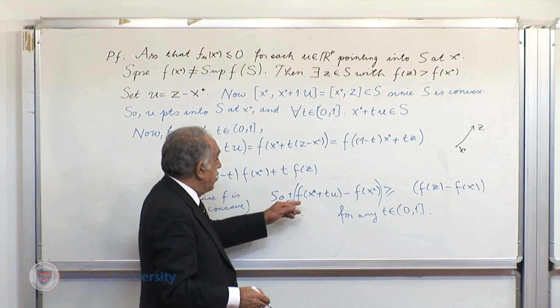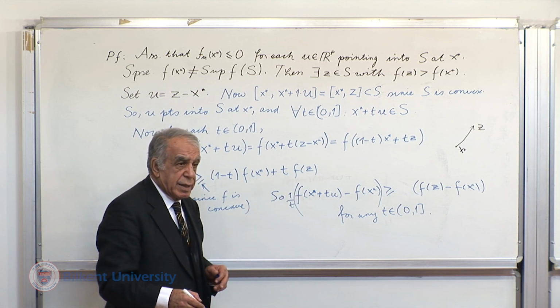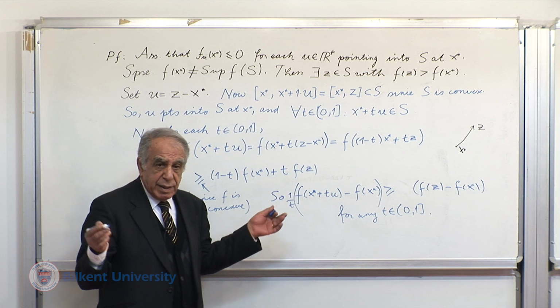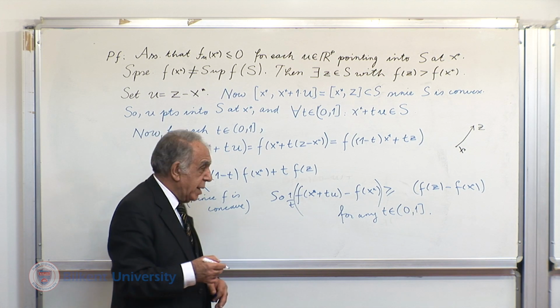But what do we know about the directional derivative of f at x star in the direction u? By hypothesis it exists, because u points into S at x star.